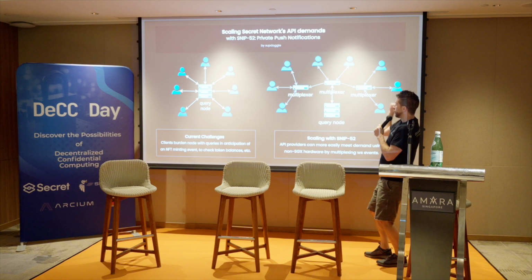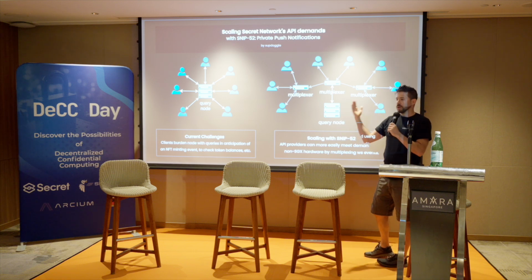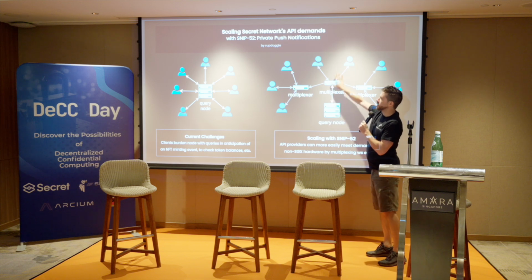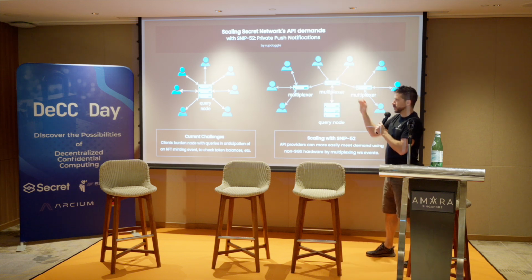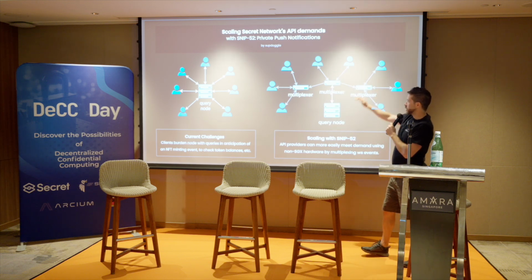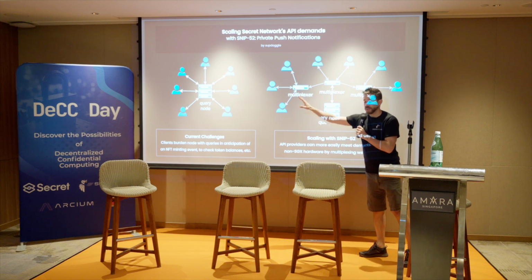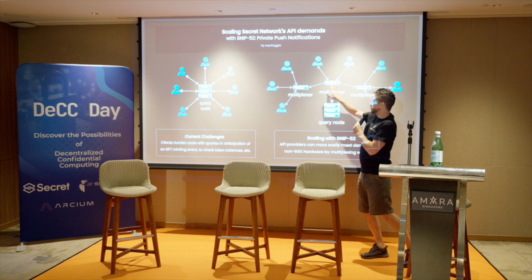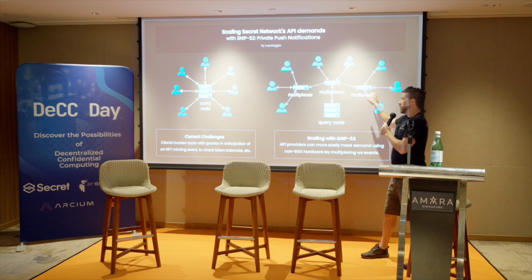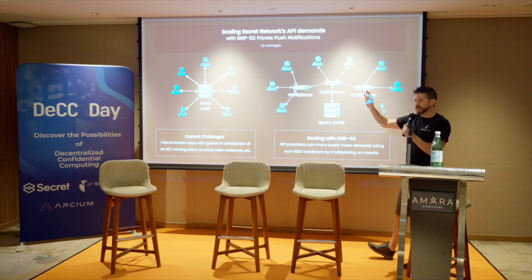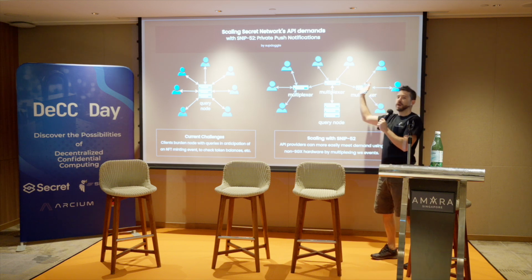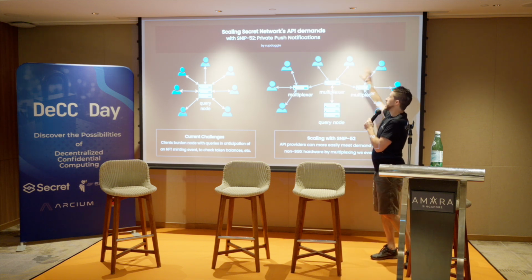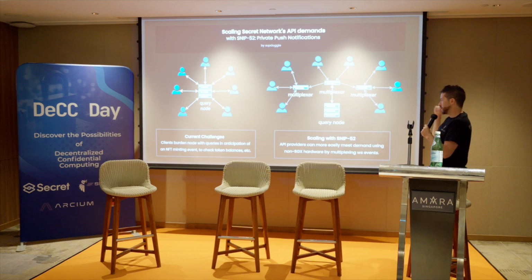And what we're able to do now with this new feature called private notifications is we can offload some of that workload. We can move it away from those secret nodes because they have plenty of work to do. We're just going to take some of it away and create these multiplexers, which is just regular old, very simple computers, like you could run it on a Raspberry Pi if you wanted, that don't require SGX and can handle some of that work. That's the basic idea. Next slide, please.